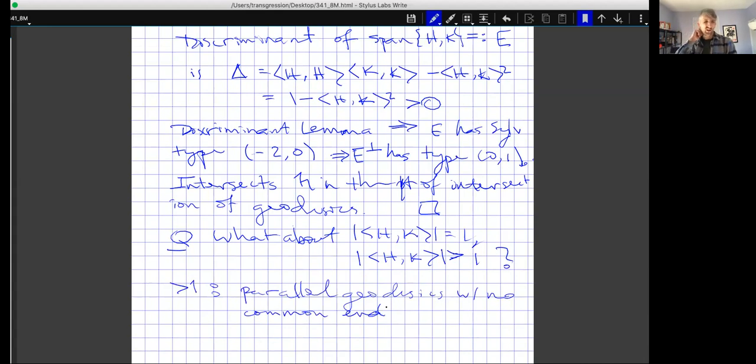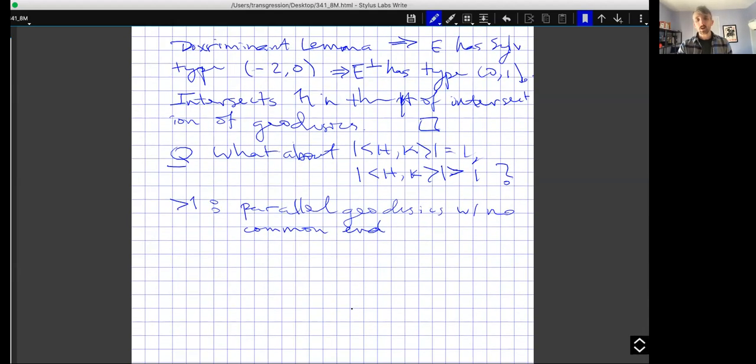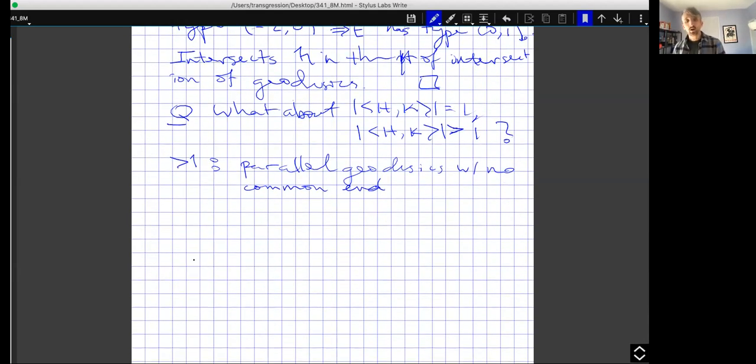Okay, so what's going on here? Obviously, I just said that they intersect if and only if the norm is less than 1. So I could have an easy statement here that when the norm is greater than or equal to 1 in magnitude, then they're parallel. But there's an edge case that I want to distinguish, which is this idea of having a common end.